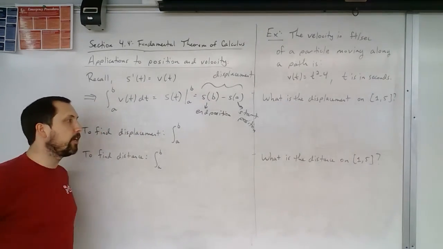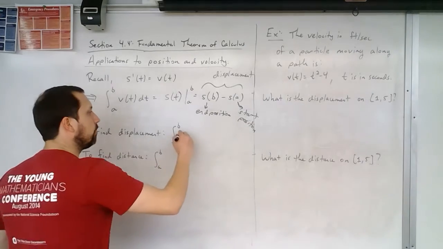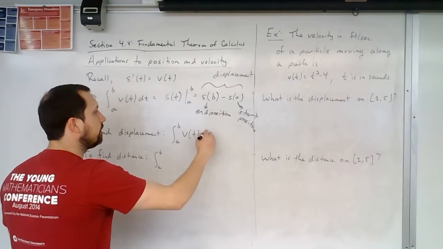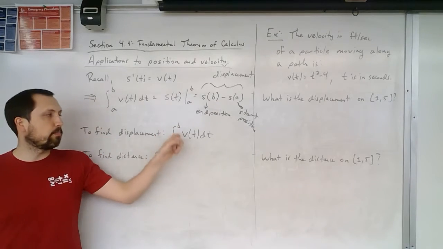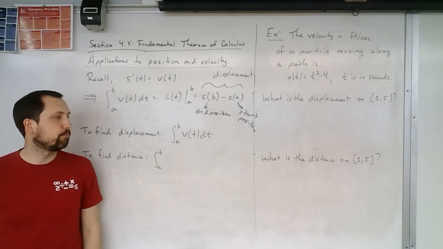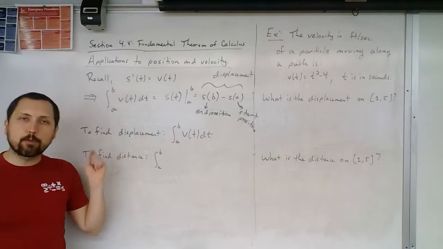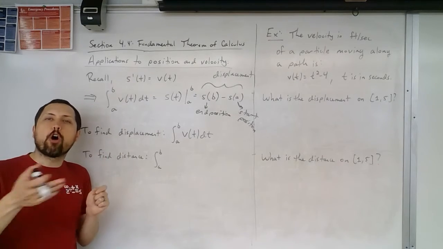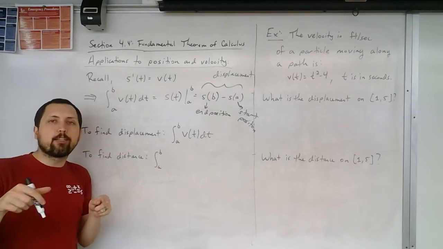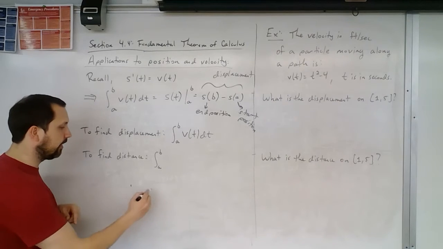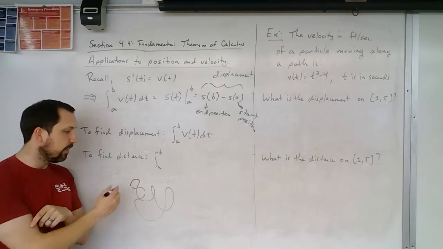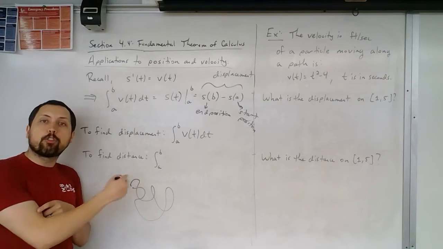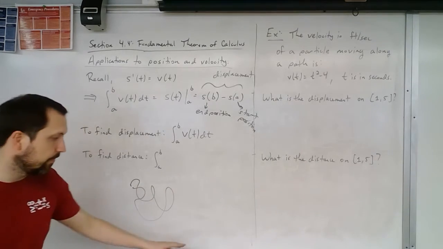So to find displacement, we just simply take the integral of v of t dt, where time goes from a to b. But if instead of displacement, I want to find how far total did I travel, right? Because if you think about displacement, let's say I start here, I do all of these crazy things, and I end back here. The displacement's very small, but the total distance is a lot.